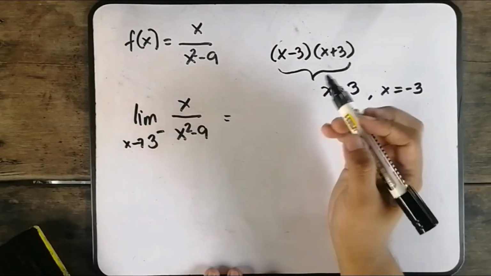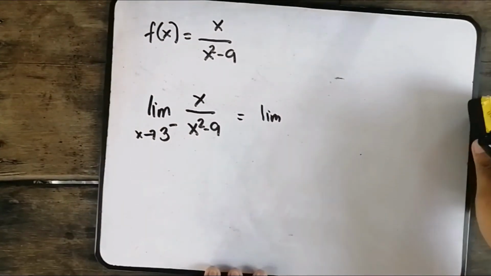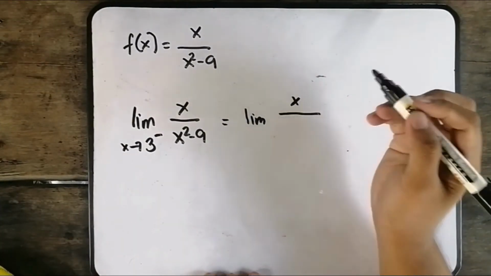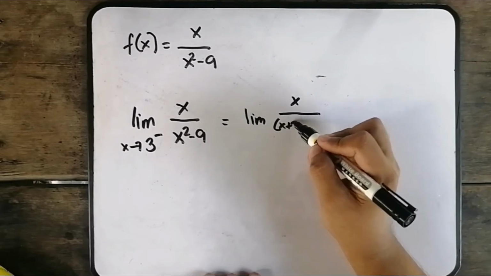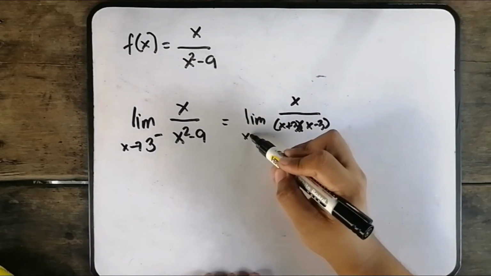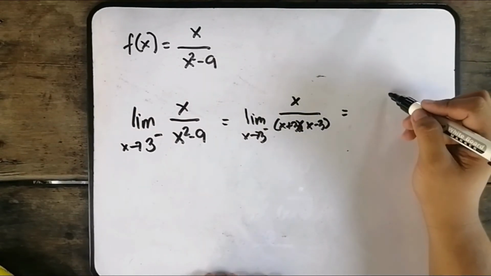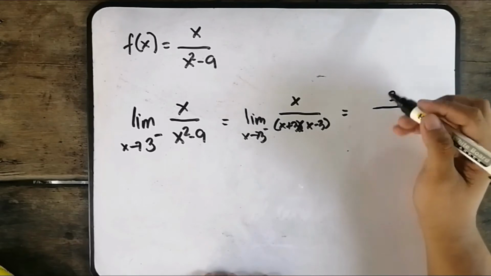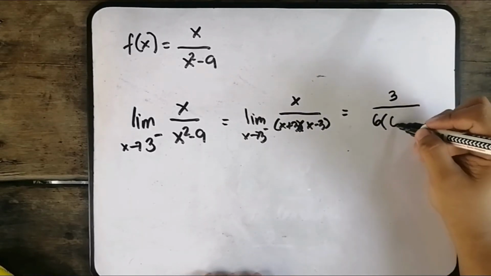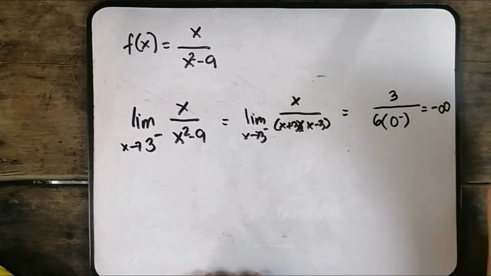So this is now equal to the limit of x over x plus 3, x minus 3 as x approaches 3 from the left. So by direct substitution, that is 3 over 6 times 0 negative, or that is negative infinity.